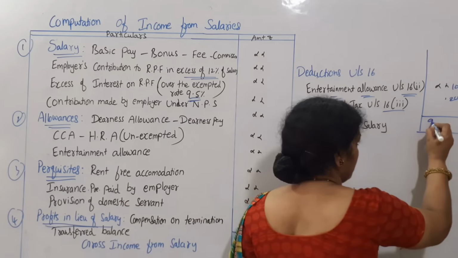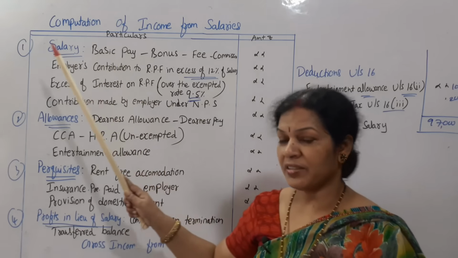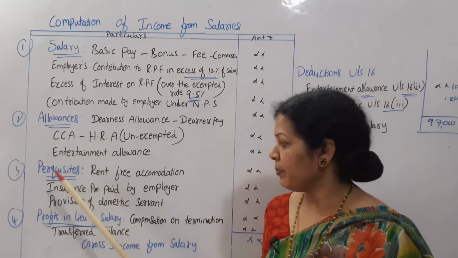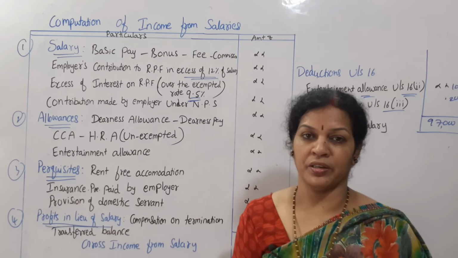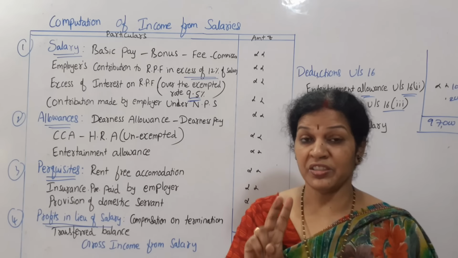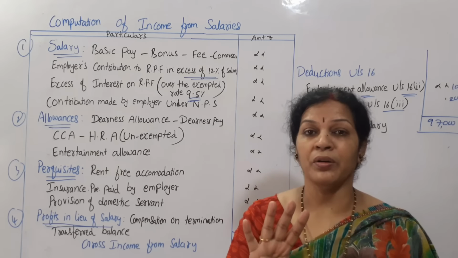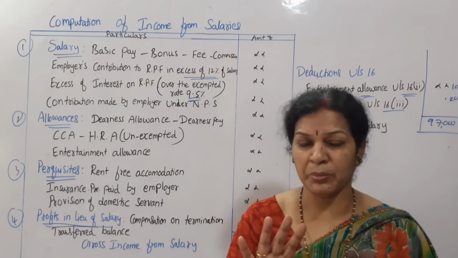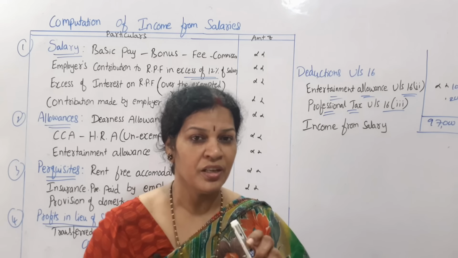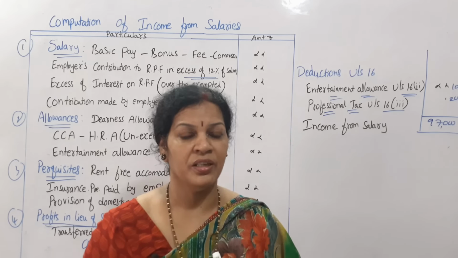Am I clear? The format you must remember. First, what are we writing? Salary, allowance, perquisites, profit in lieu of salary. Able to remember? Once you compute all these things, we are going to deduct as per section 16. Section 16 subsection 2 is about entertainment allowance.